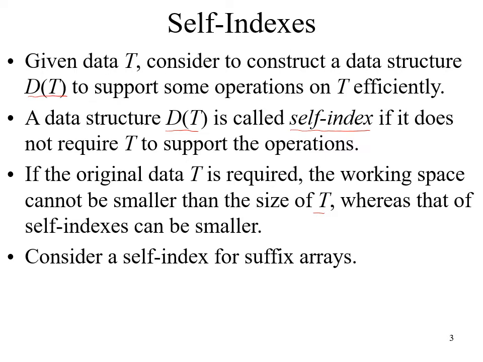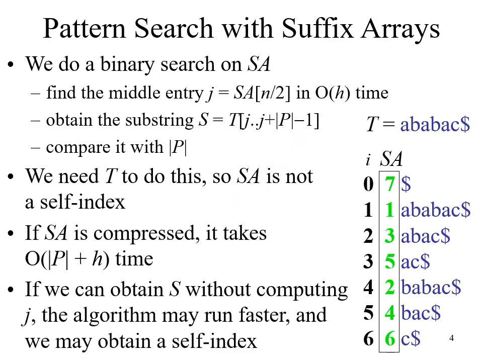So let's consider a self-index for suffix arrays. First recall how to do pattern search with suffix arrays. We have the suffix array and the text itself. Then we do a binary search on the suffix array.